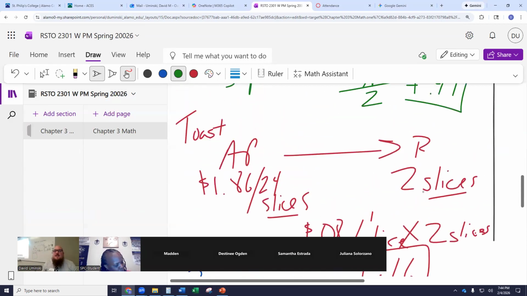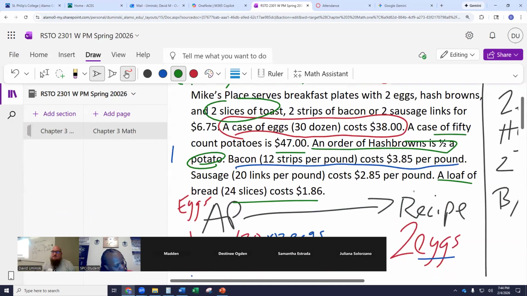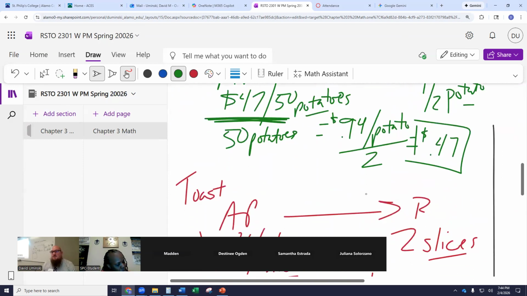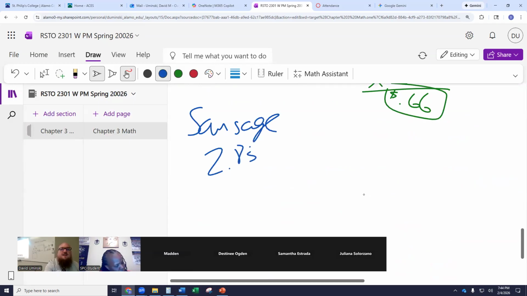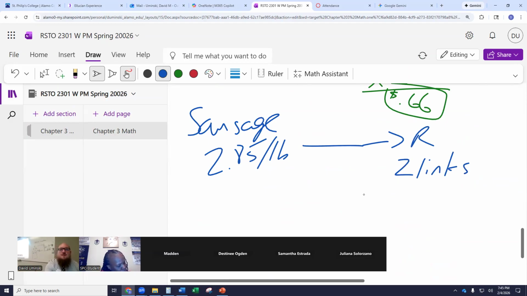Okay, and then let's do sausage. Sausage is 20 links per pound at $2.85 per pound. The recipe is 2 links, so we divide that by 20 links.